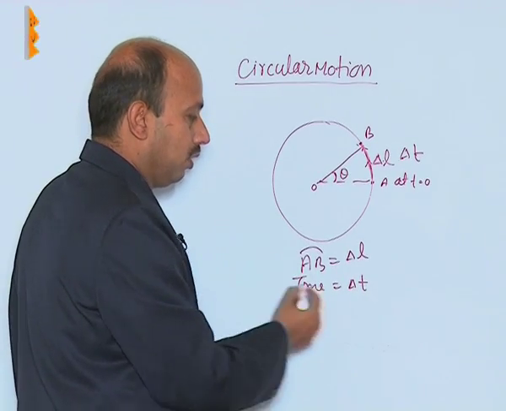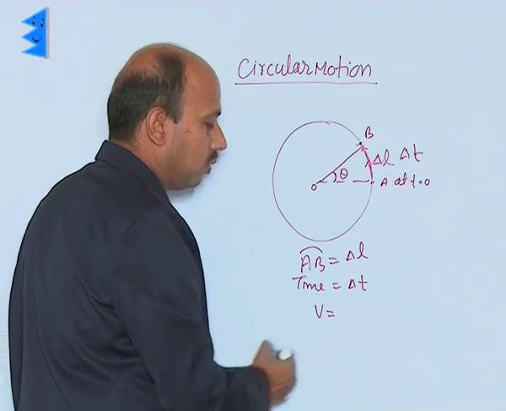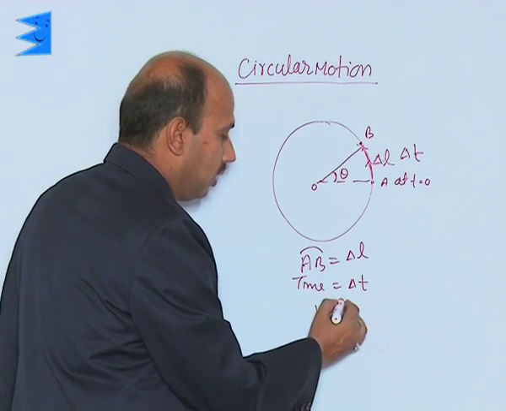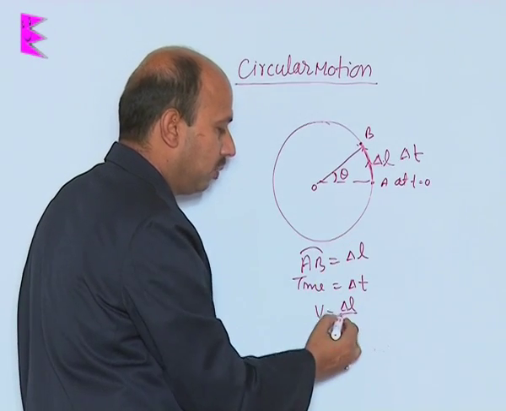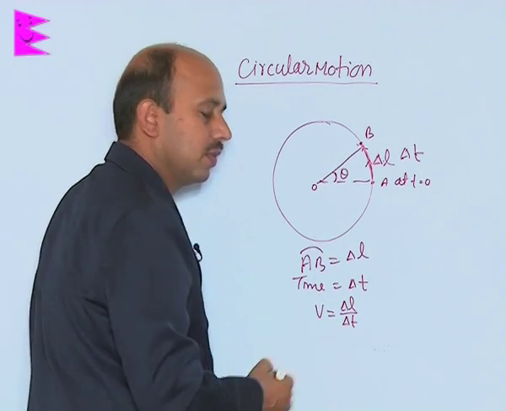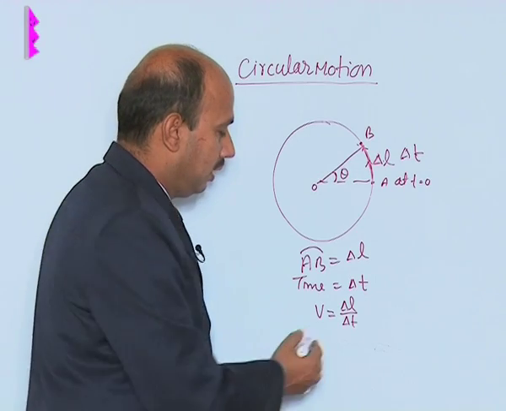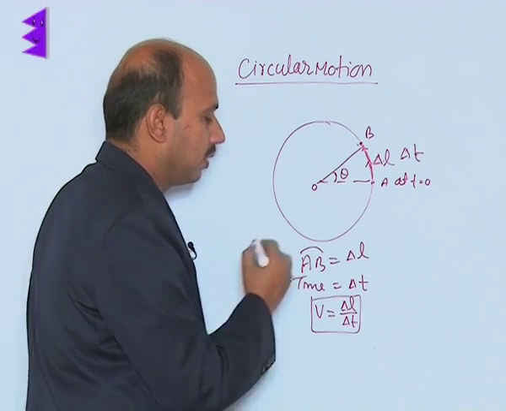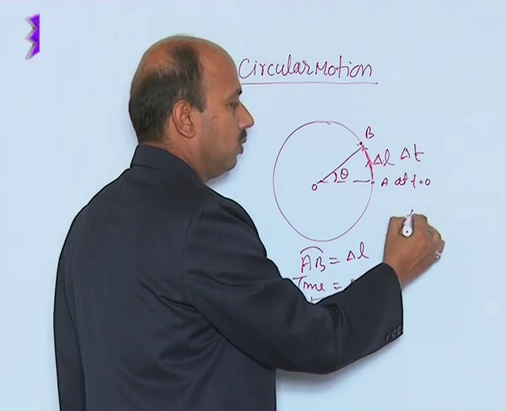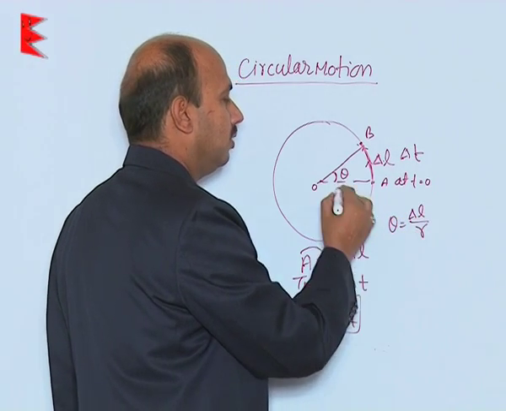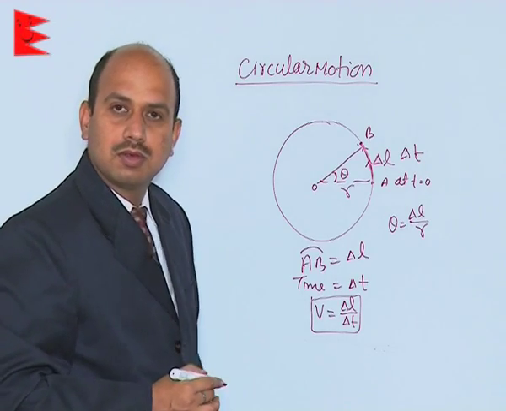So, AB is the length of arc, which is equal to delta L, and time is equal to delta T. We can write velocity, that is the linear velocity, as delta L upon delta T, this is called v. And we can also write theta is equal to delta L upon R, where R is the radius.